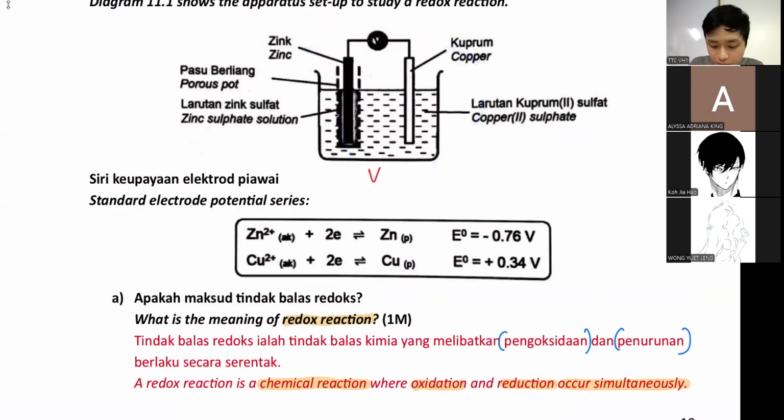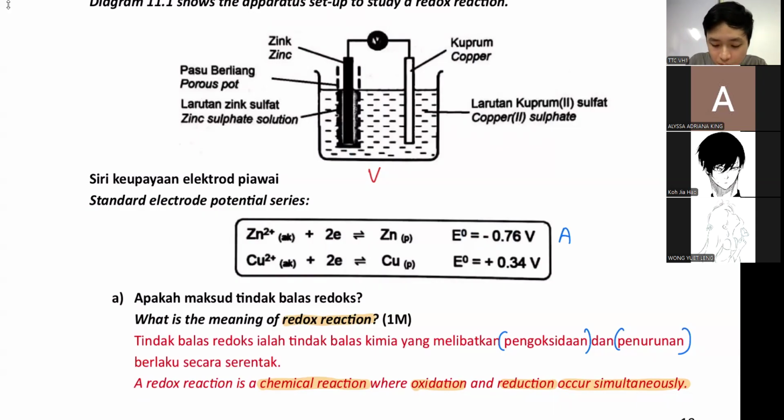So based on these two, you have zinc and copper electrodes. You always have to know which one is the anode and which one is the cathode. Just remember, when you see the E naught value is more negative, it means it's the anode. Or you can say the one that is more electropositive is the negative terminal, or you can say the anode.